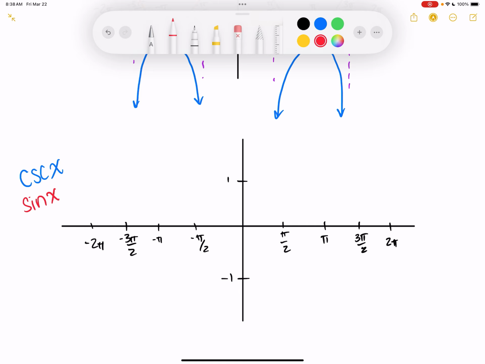So this one's going to work the exact same way as secant, except we'll be looking for the values of sine that are 0. So where does sine start? At 0. And we go up.